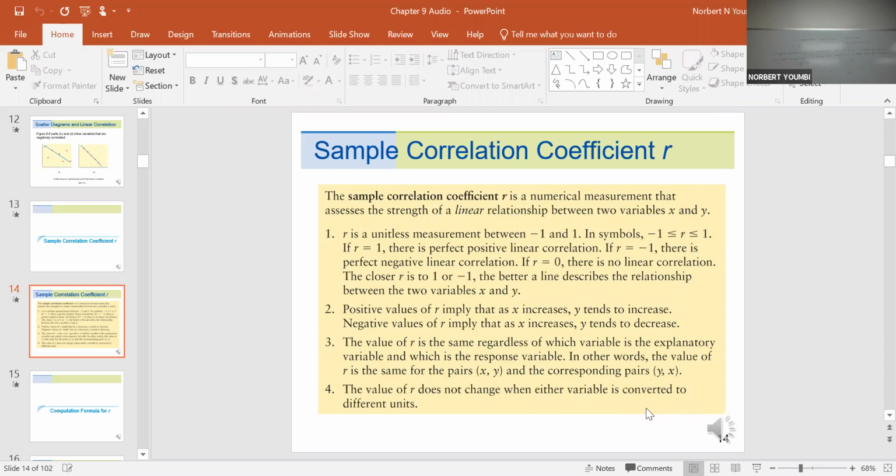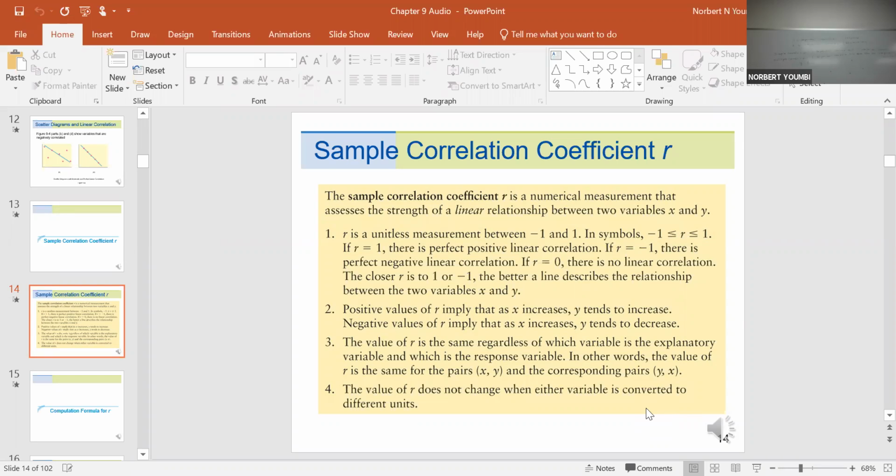The population correlation, the parameter, is denoted by rho, and r is the sample correlation. r is between -1 and 1.